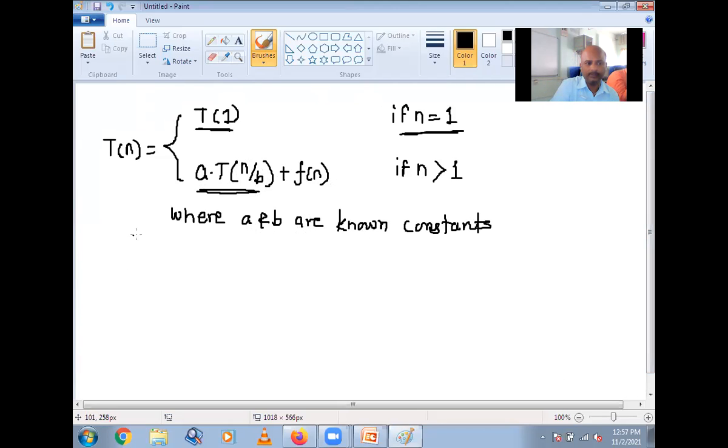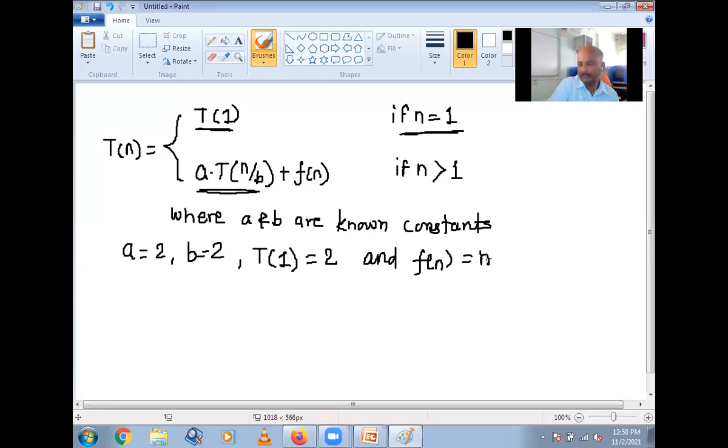Suppose a is equal to 2, b is equal to 2, T of 1 is equal to 2, and f of n is equal to n.